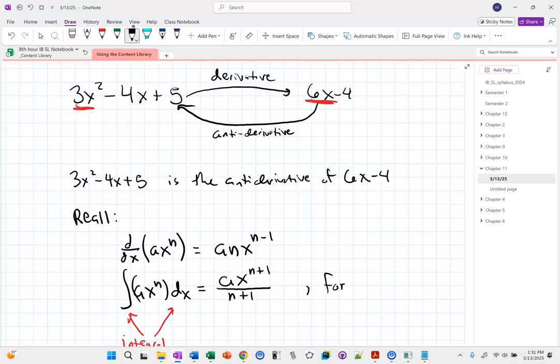That rule works as long as n isn't negative 1, because then the new exponent would be 0. Do you feel okay?